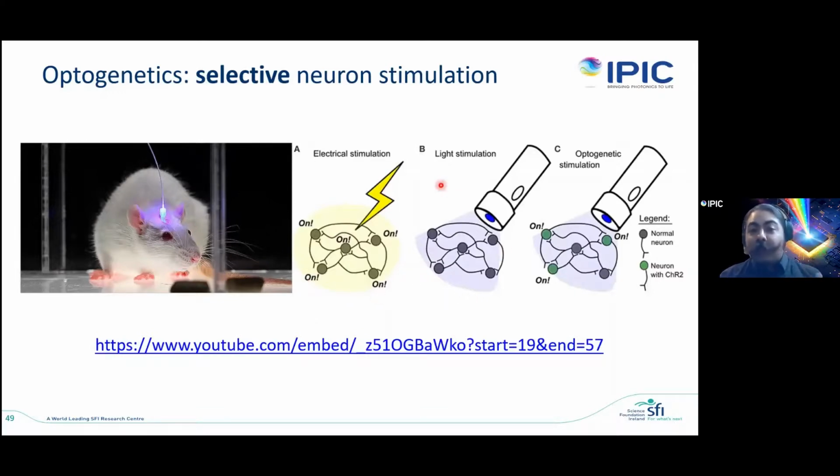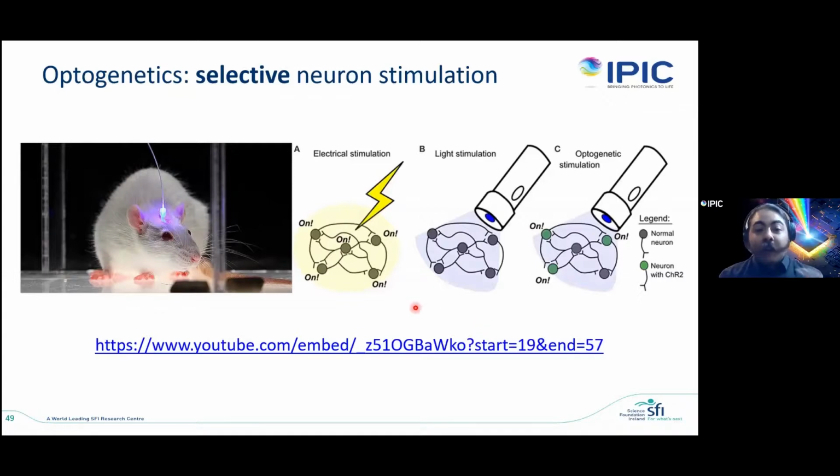But if we want to select a few types of neurons to stimulate or inhibit, we can have them produce a certain substance which will absorb a specific type of light, and they will generate a chain of reactions which will end up in a change in behavior of the organism.